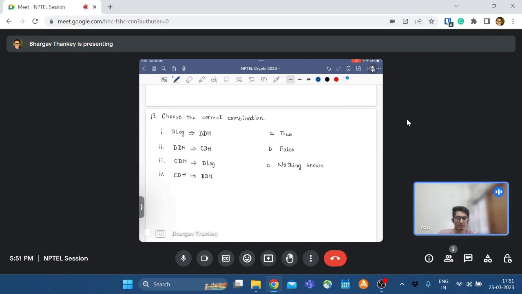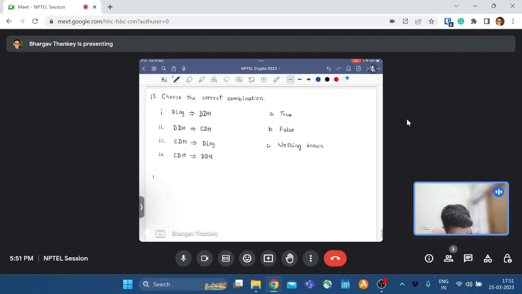What do we know? We know that if D log is easy, then CDH is easy, and if CDH is easy, then DDH is easy, right? But what we don't know is the reverse. Let me write it.